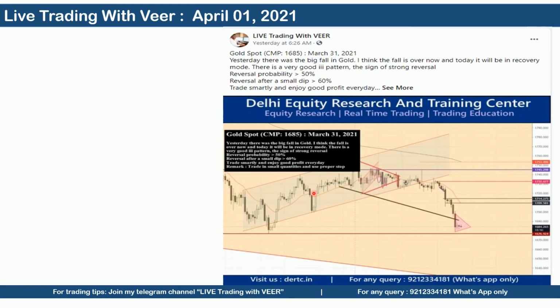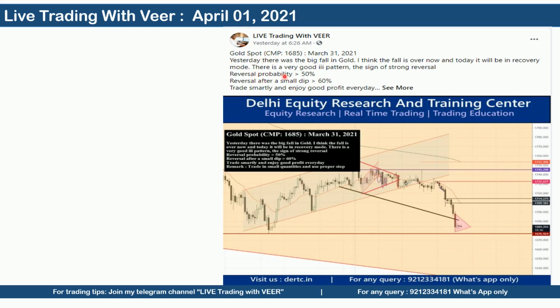One day before, in the morning, I posted on my Facebook account and predicted that a very good pattern appears at this support. After a big fall there is this support line, and here it has made a very good reversal pattern, but I had to wait for some confirmation.